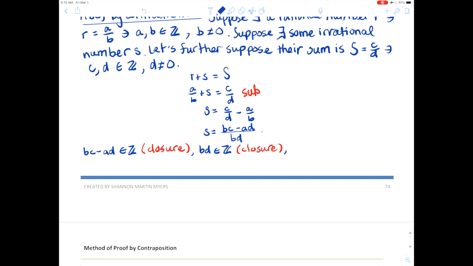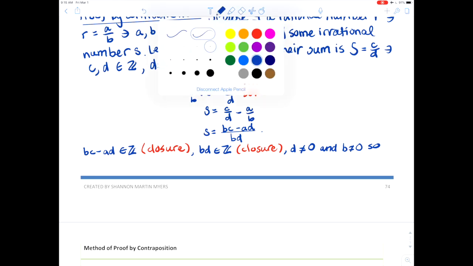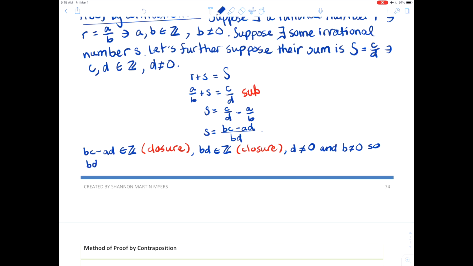What else do we know? We know that D is not equal to 0, and B was not equal to 0. So the product B times D is not equal to 0.